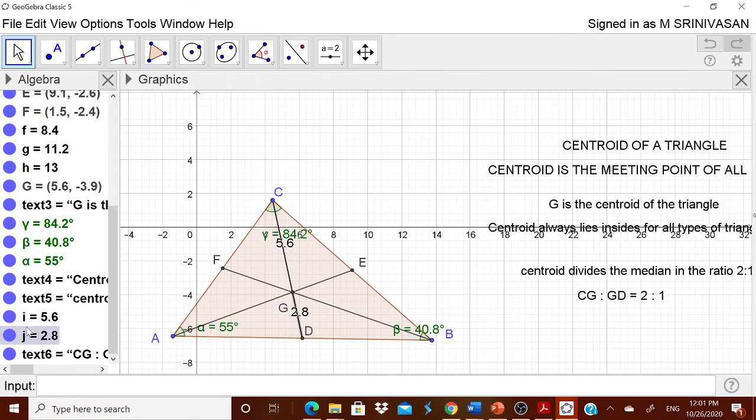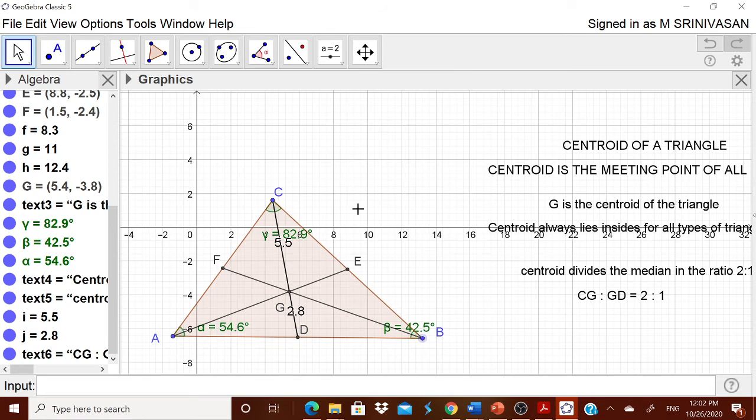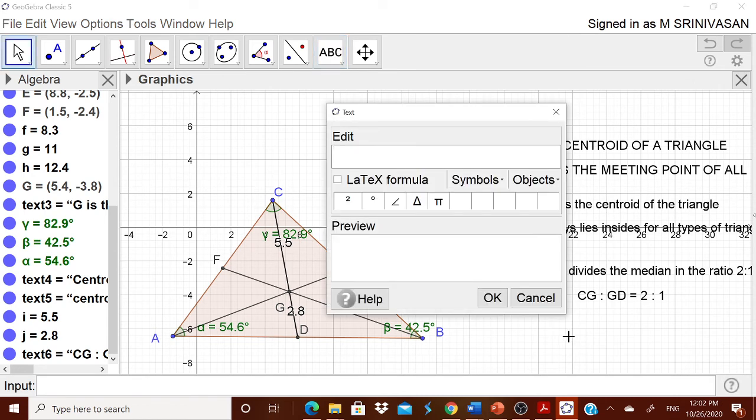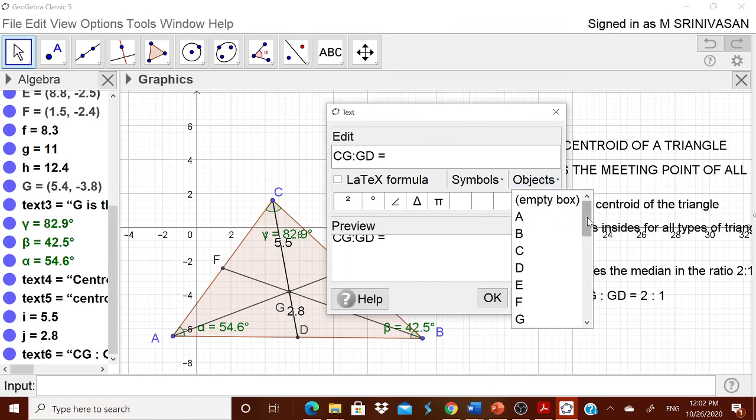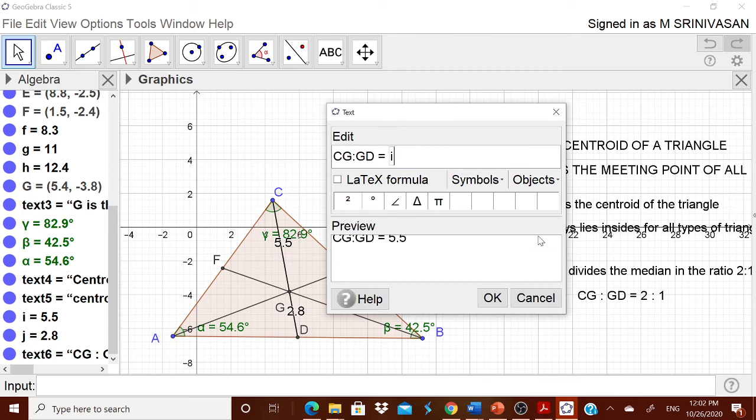Okay, now you have understood that the first segment is I, the second segment is J. Now when you move it, automatically it is changing. Okay, let it change. Okay, now 2:1. Therefore, again we will make this ABC. We will tell that CG is to GD, that is I is to J, is always 2:1. From the object you select I, then is to, from the object you select J and then leave it.